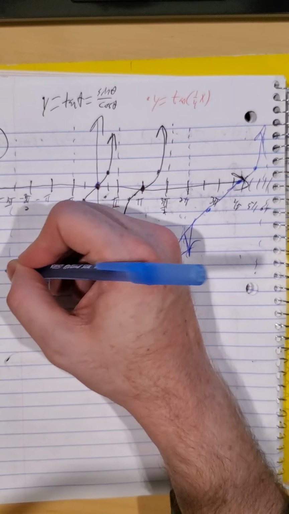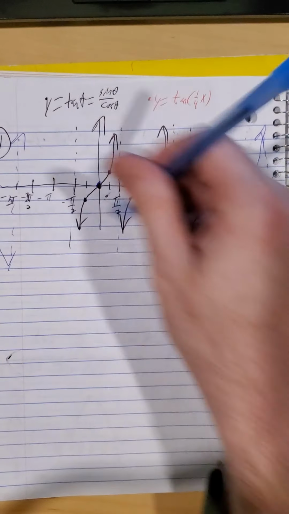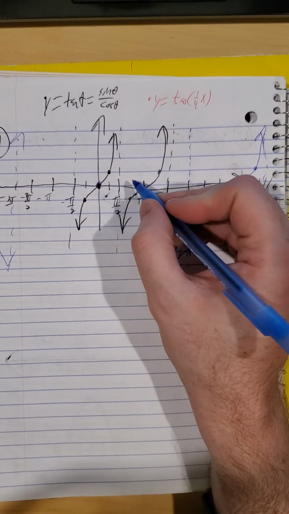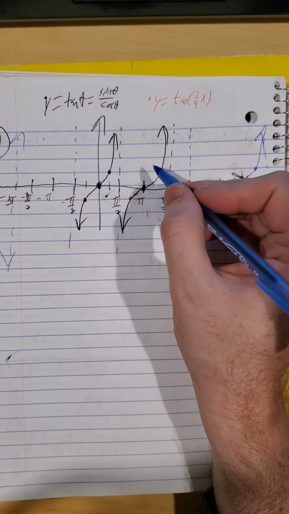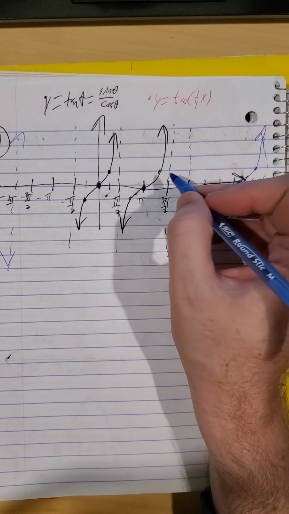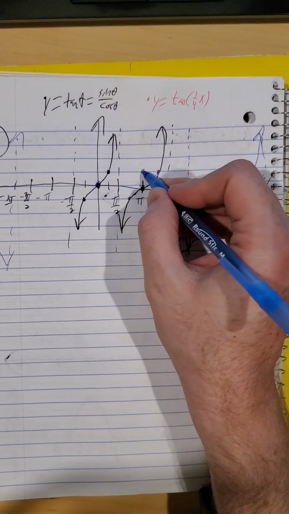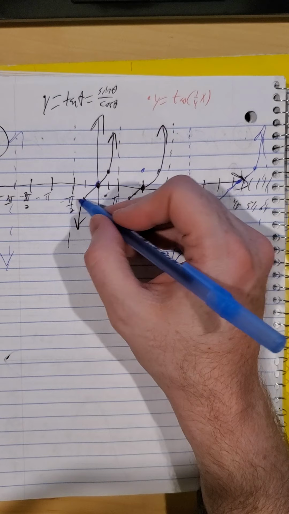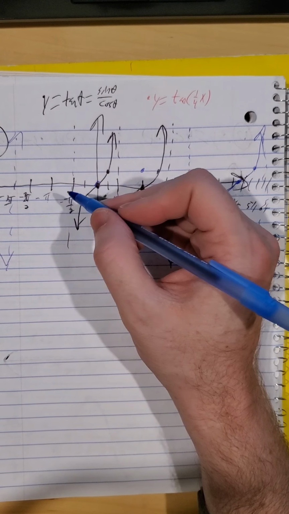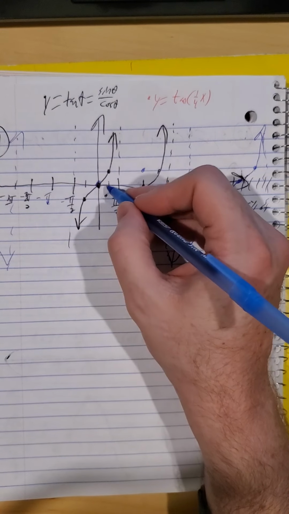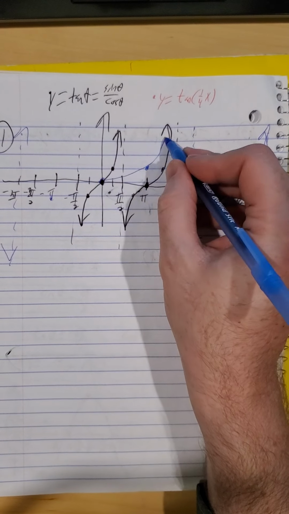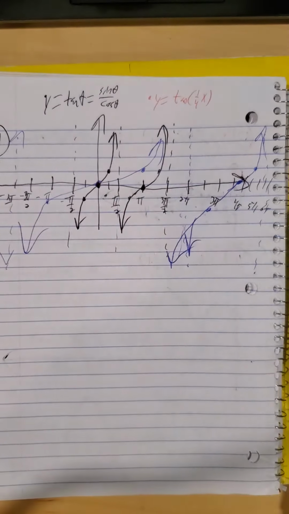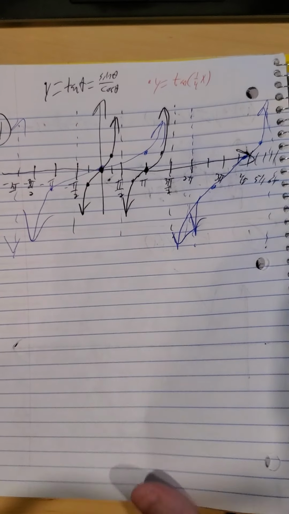Negative 2 pi, we now have an asymptote as well. What happened at 0 stayed at 0. What happened at pi over 4, 4 times pi over 4 is just pi. Negative pi over 4 is this x value, so multiply that by 4 and we're at negative pi. And there's our other stretched out tangent line.